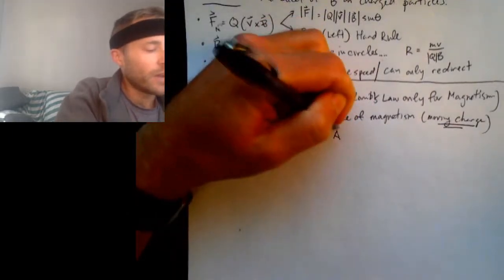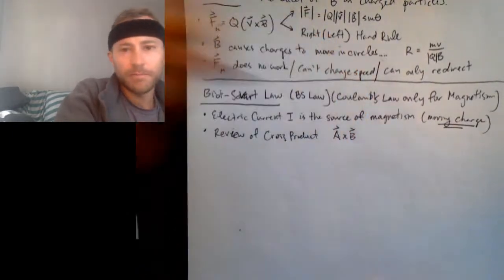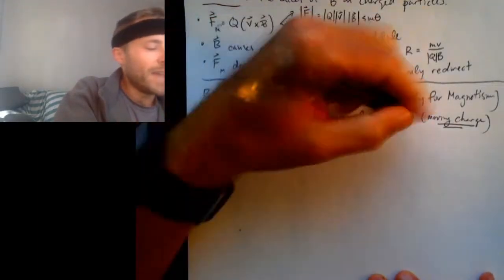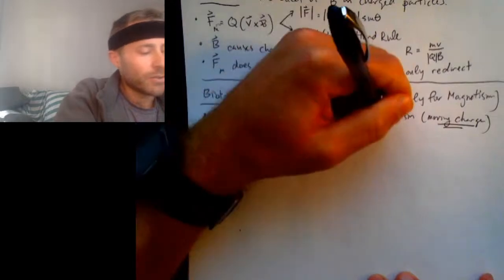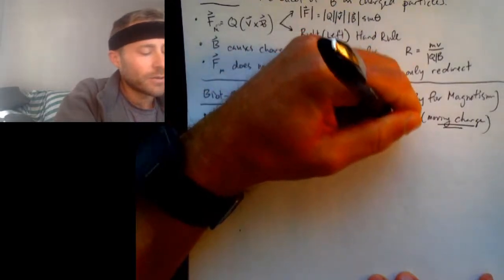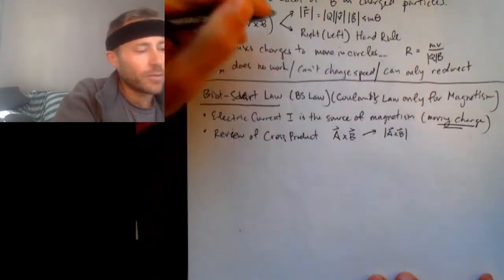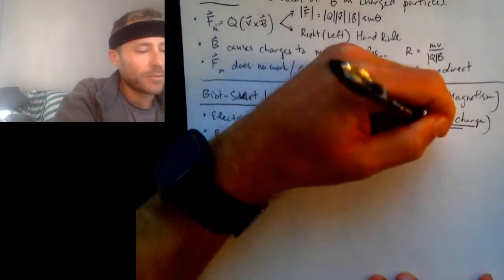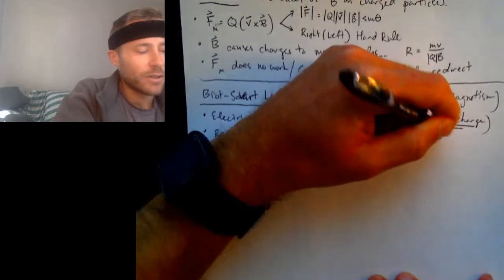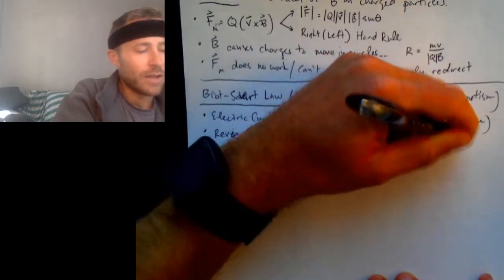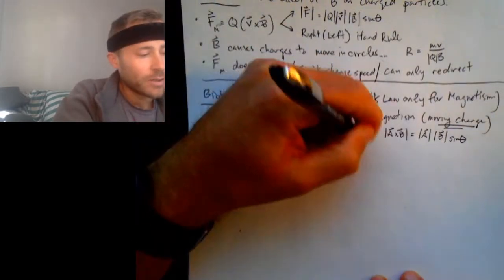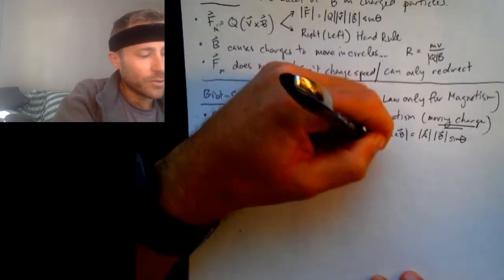So let's say you have A cross B. The magnitude of the cross product, just like up here, is the magnitude of the first vector times the magnitude of the second vector times the sine of the angle between them. And to get the direction of the cross product, you use the right-hand rule.